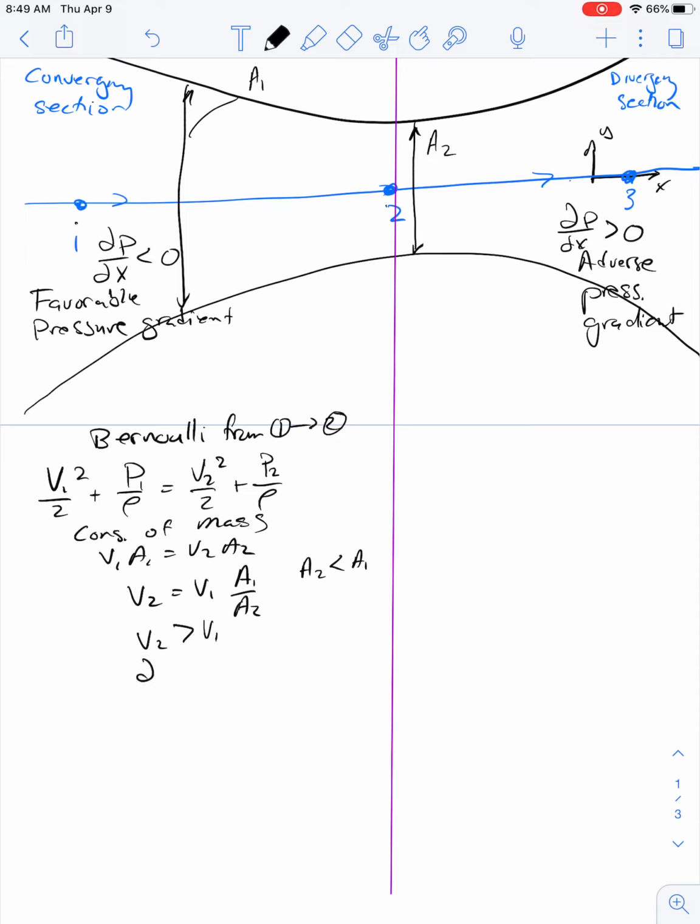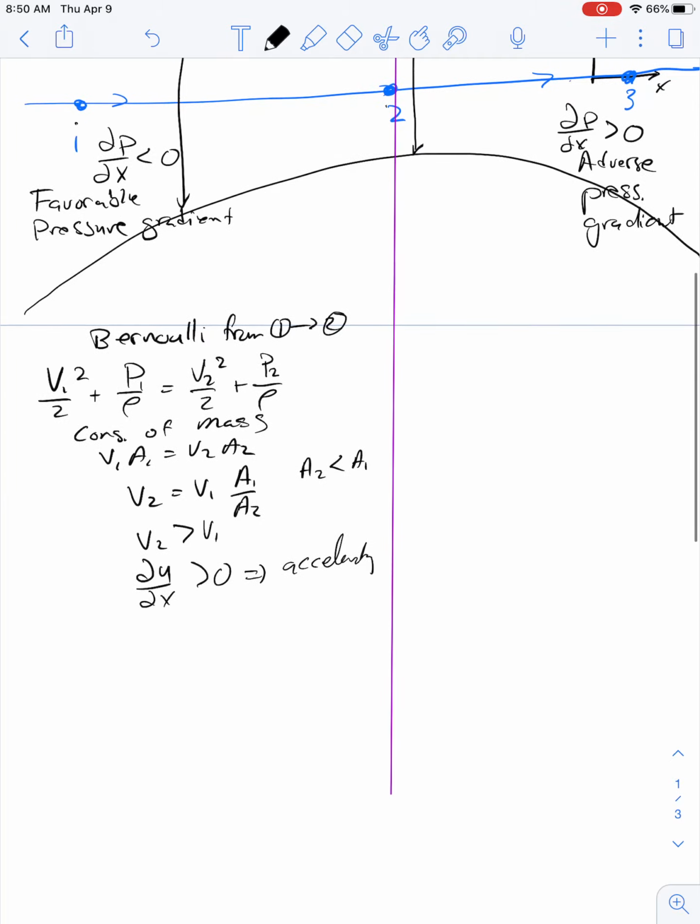What that also tells us, though, is that du dx is greater than 0, which means the flow is accelerating. Again, this is along our streamline. So what is happening for Bernoulli's?